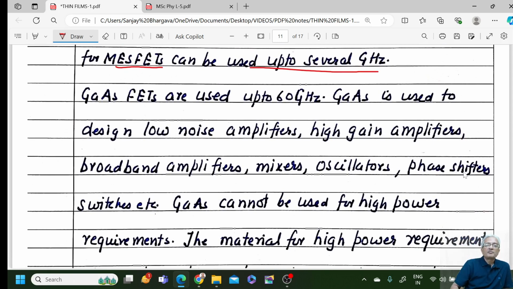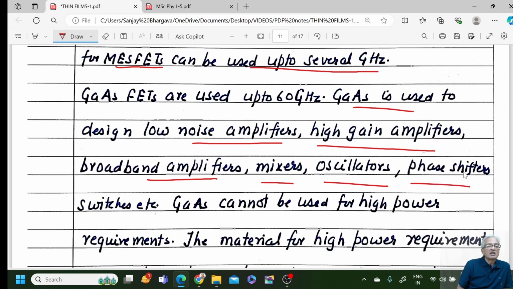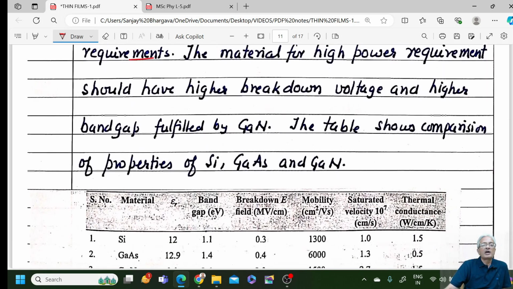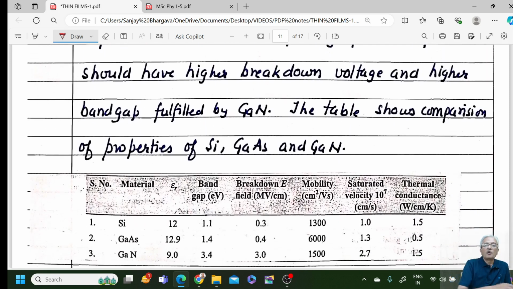Gallium arsenide is used to design low noise amplifiers, high gain amplifiers, broadband amplifiers, mixers, oscillators, phase shifters, switches, etc. Gallium arsenide cannot be used for high power requirement.